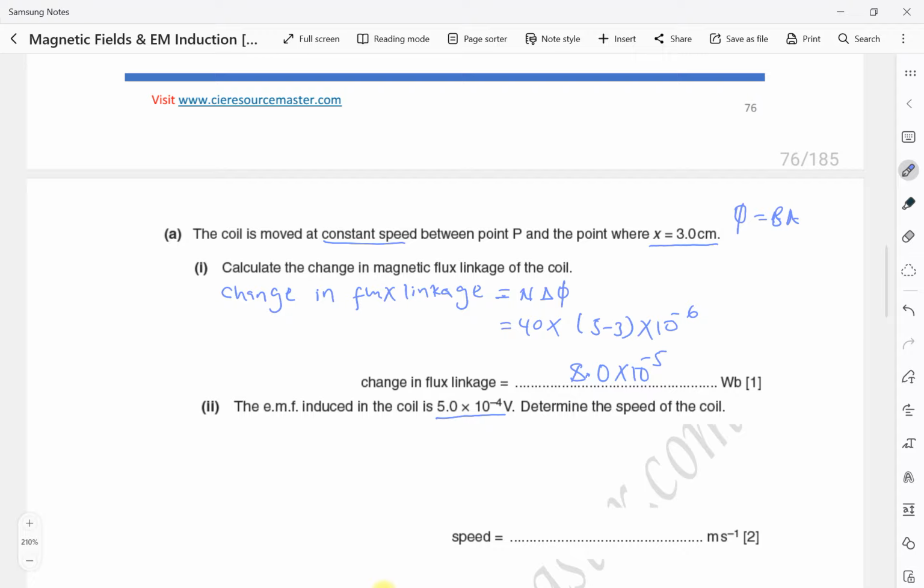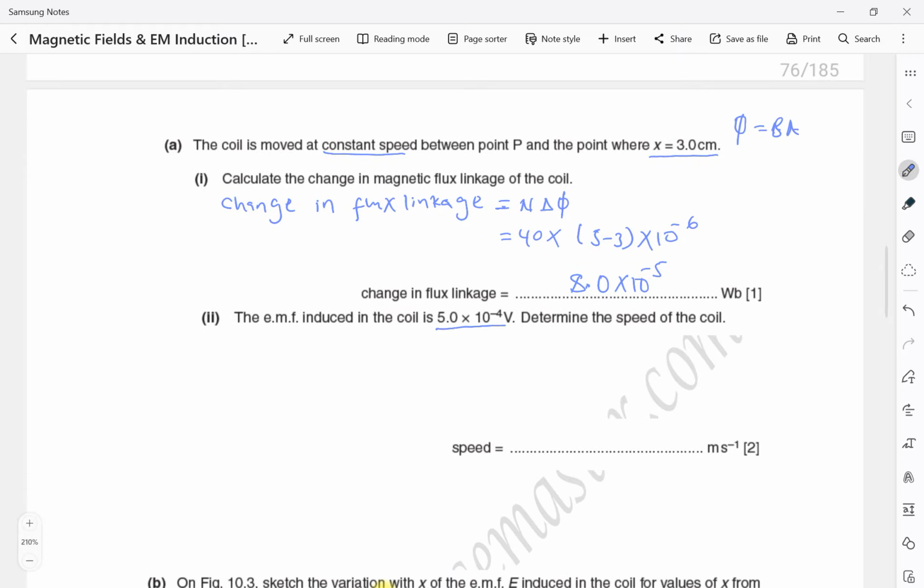Determine the speed of the coil. So remember, the induced EMF is equal to the rate of change of flux linkage.